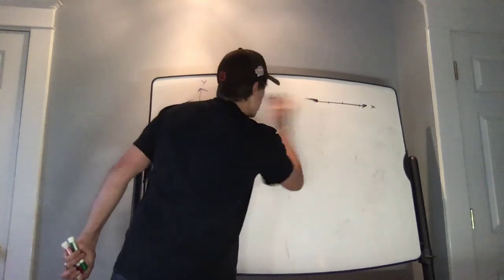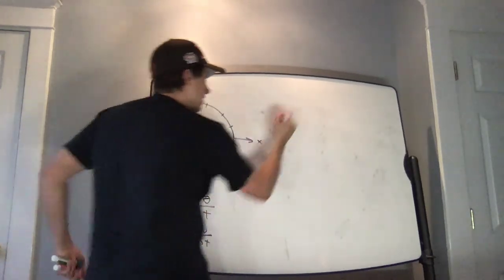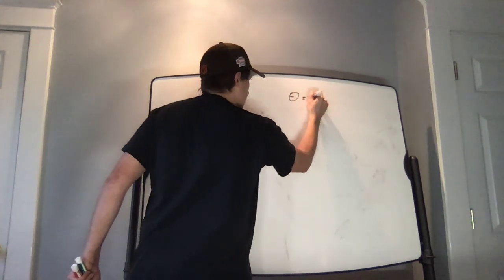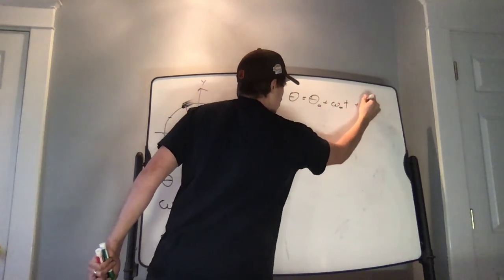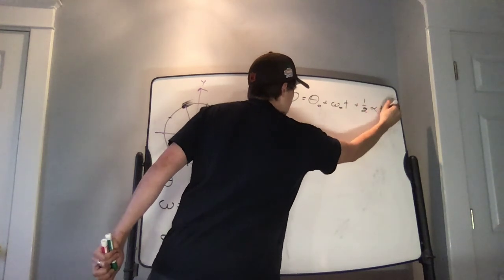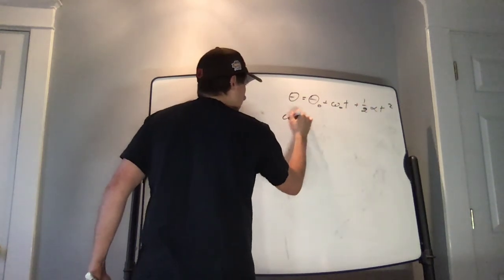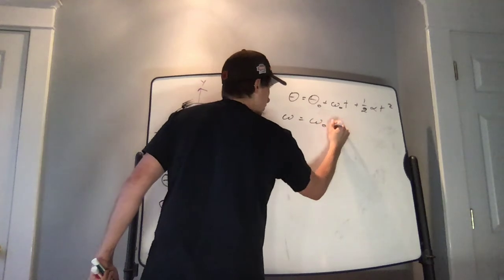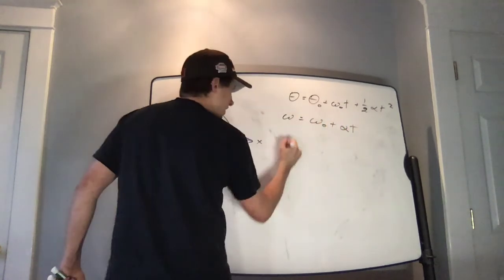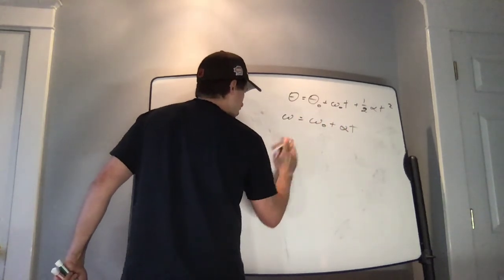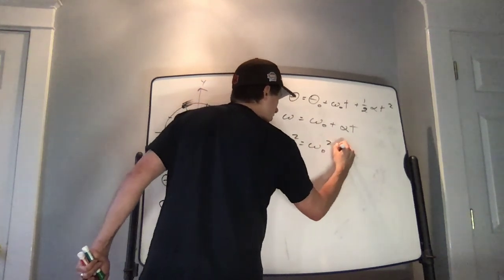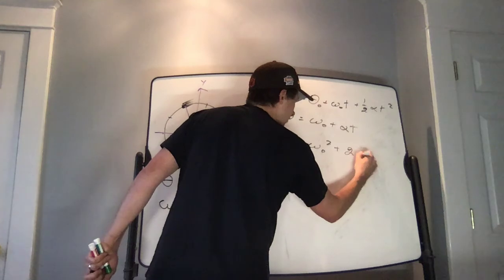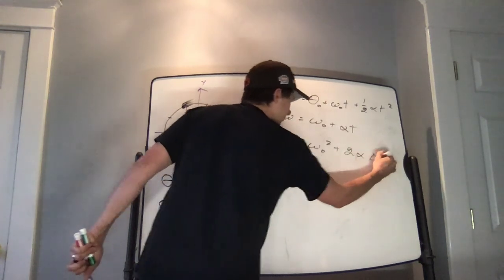And those equations are theta final equals theta initial plus omega initial t plus 1/2 alpha t squared. We have omega final equals omega initial plus alpha t, and we have omega final squared equals omega initial squared plus 2 alpha delta theta.